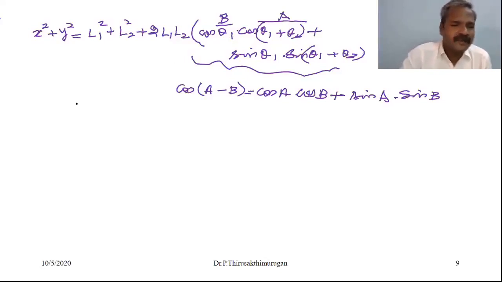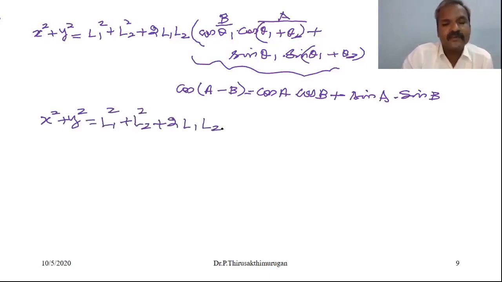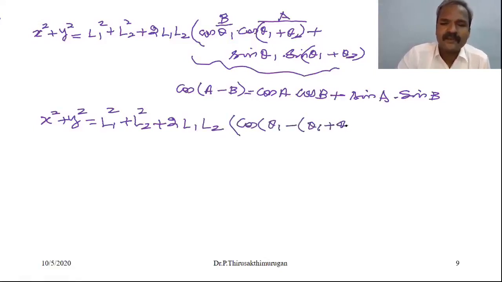So what happened? The resulting solution is x square plus y square equal to L1 square plus L2 square, where L1 and L2 are given, plus 2 L1 L2, which is also given, times the bracket, cos of theta 1 minus theta 1 plus theta 2.